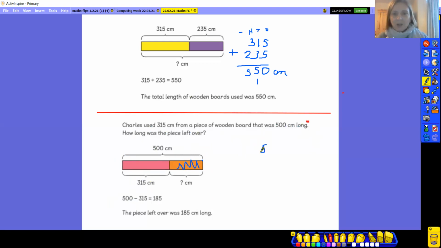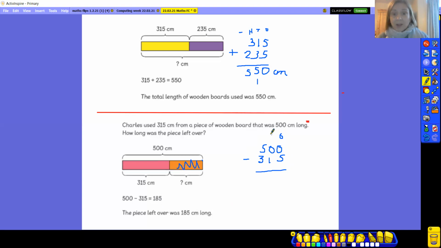So again, I'm going to use the column method, but you might decide to use a number line. Okay, so 500 subtract 315. They told us the answer already, but we just need to check that because you never know. Right, so I can see we've got a few problems going on here straight away.